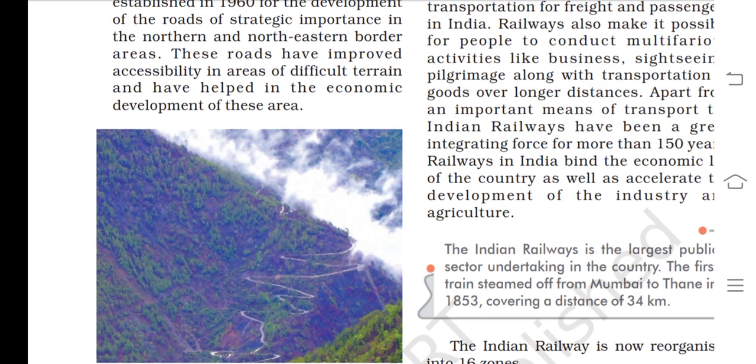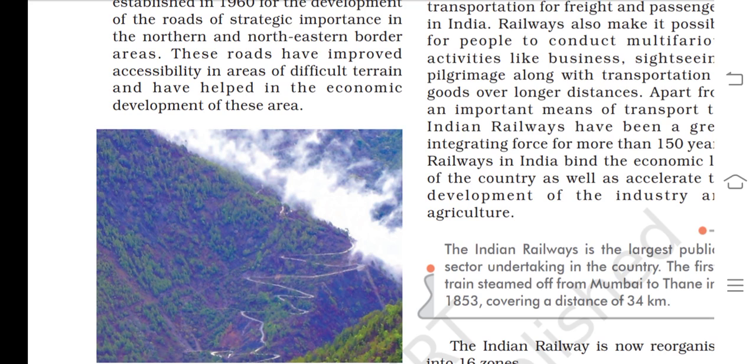Most of the national highways are very old and very narrow. Means two vehicles cannot pass one another, they are so narrow, and they are old also. So these are some problems which road transportation in India is facing.